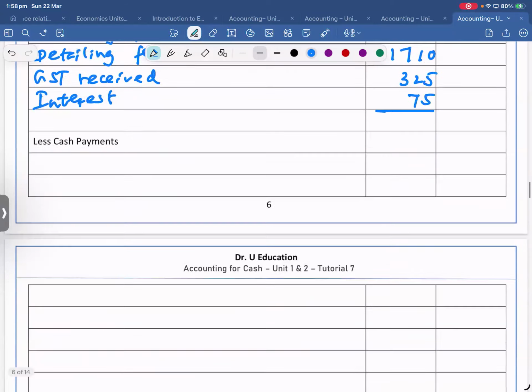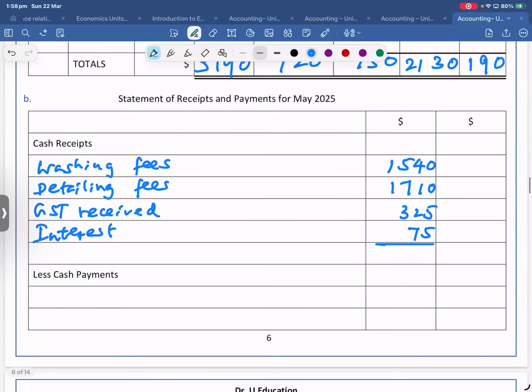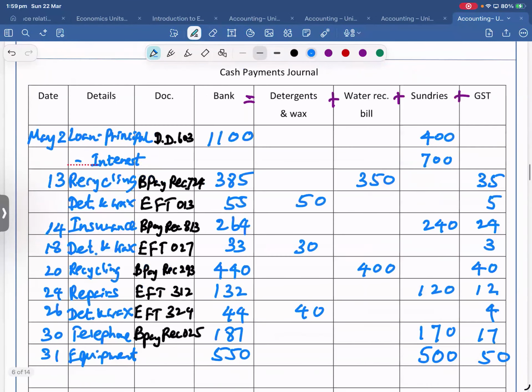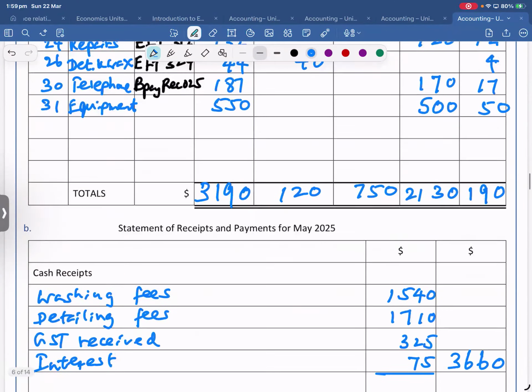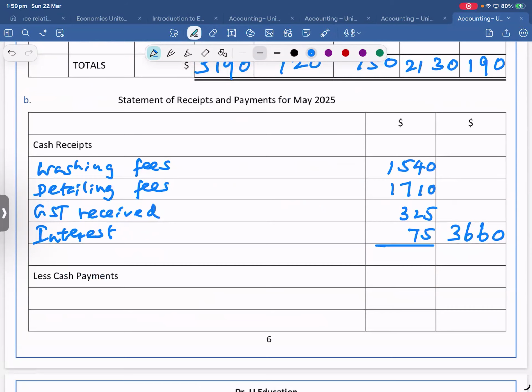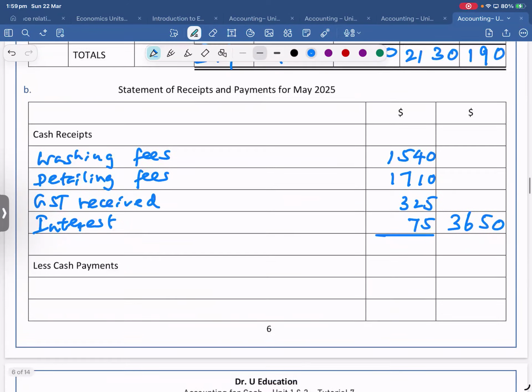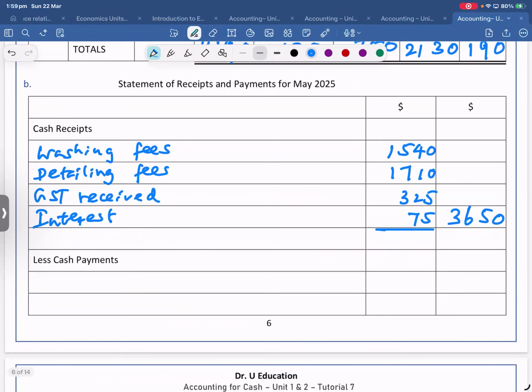Then total is going to be 3,650. Right? Then cash payments would be, what are the cash payments?